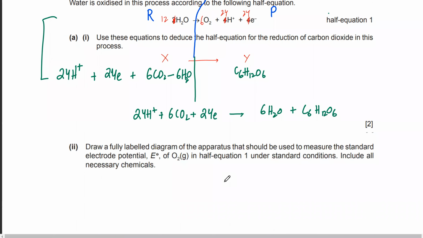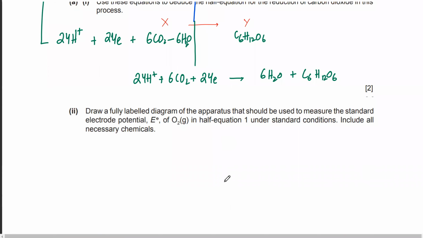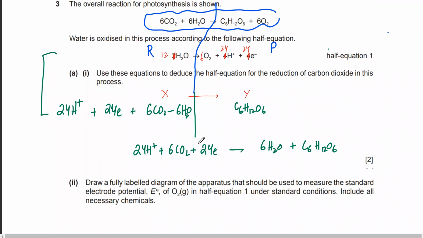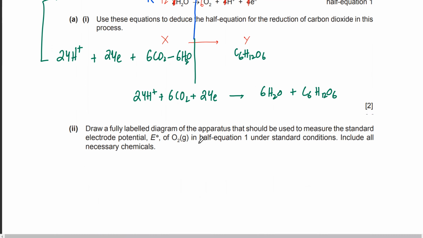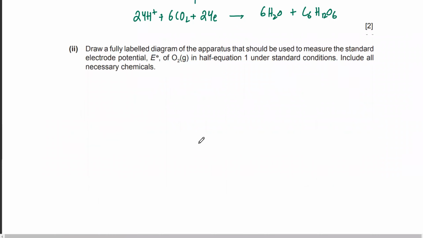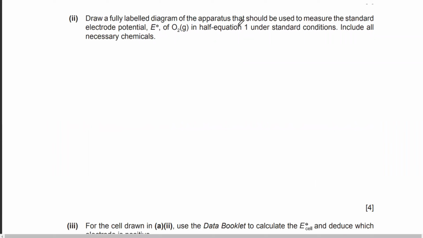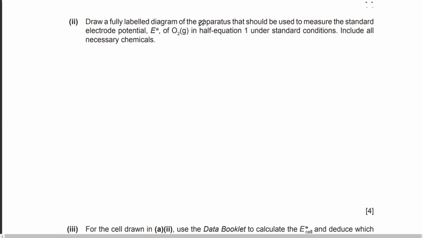Now let's move to the next one. There's only this question that has appeared that is like this. Draw a fully labeled diagram for the apparatus that should be used to measure the standard electrode potential of O2 in half equation one. What is half equation one?